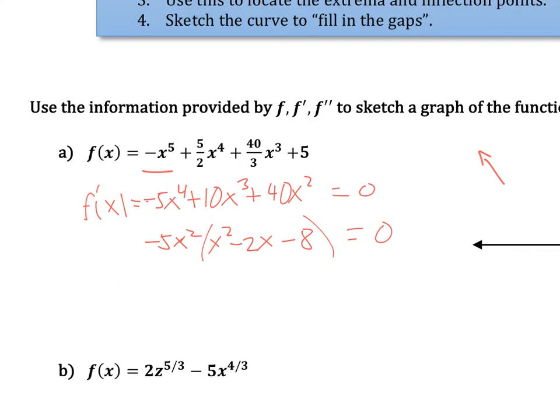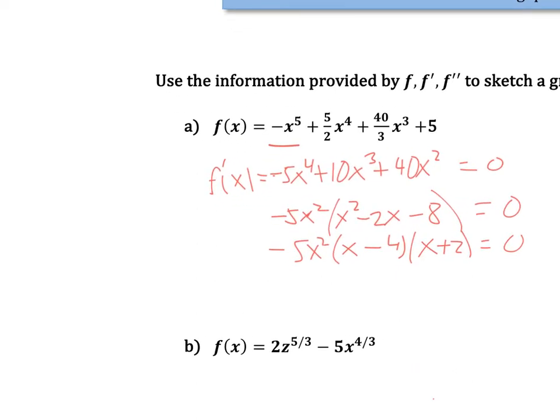And so we can factor a little bit further. I think this thing will factor into x minus 4 times x plus 2. Then where are our zeros there? Well, our critical values happen at the zeros here.